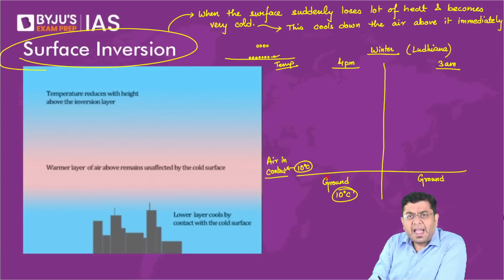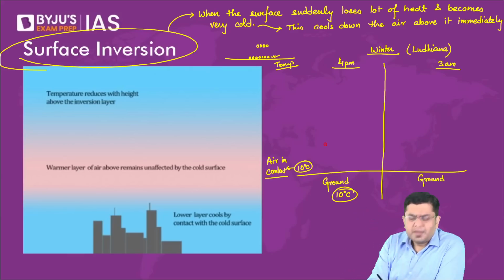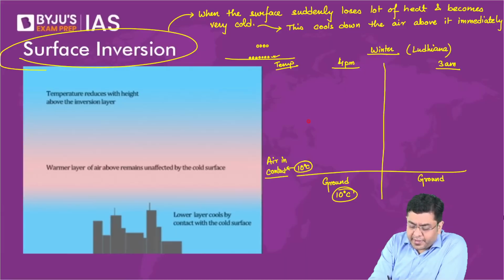Now, as you move slightly higher up, there will be lapse rate, moist lapse rate, dry lapse rate. Let's not get into that entanglement. Let's assume that as you move slightly higher up, we do know that the temperature will reduce. Let's assume the temperature has reduced to around 5 degrees Celsius.